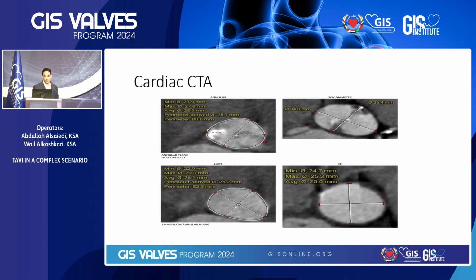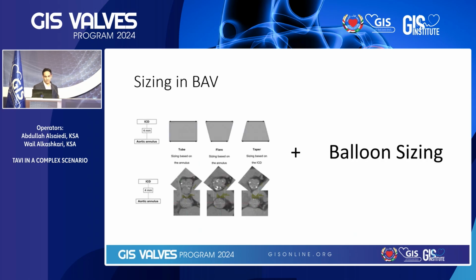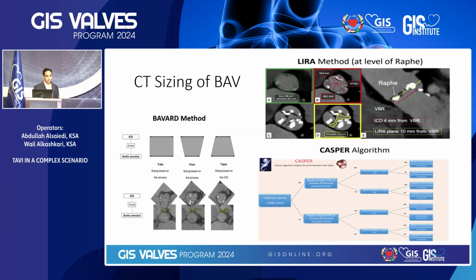So for our decision regarding the TAVI, when we do balloon sizing, usually for bicuspid valve, we depend on the CT images, and sometimes we do balloon sizing in selective cases. Looking at the sizing based on the CTs, we have nowadays probably 3 methods. The first method is called the BAVARD method, which came from the BAVARD registry.